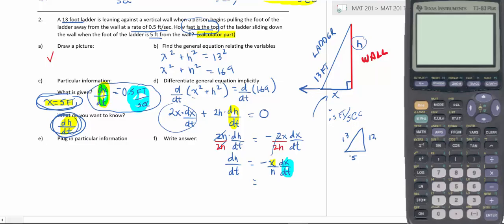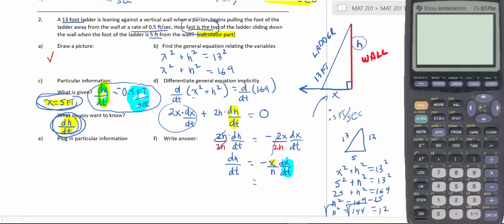If you don't know that's 12, then you could go x squared plus h squared equals 13 squared. X is given as 5, so that's 25 plus h squared equals 169. So h squared equals 169 minus 25, which is 144. Then you can square root both sides to get h is equal to 12.